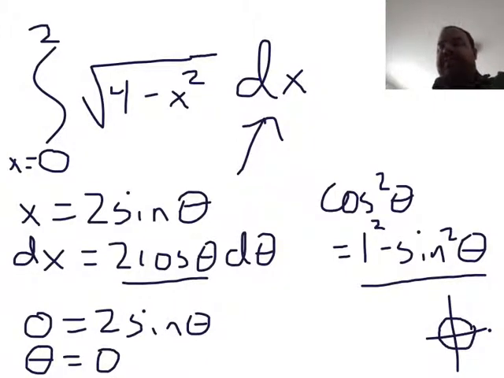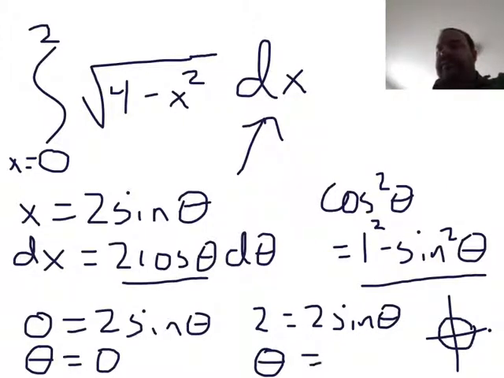And then the top is 2, which really means that sine theta equals 1. And that happens at the top of the unit circle, which is when theta is pi over 2. All right, so we're going to make those changes. We're going to change the limits of integration. We're going to change x here to 2 sine theta, and we're going to change the differential. So we're going to do quite a bit on the next slide. So let's go ahead and make all those changes.